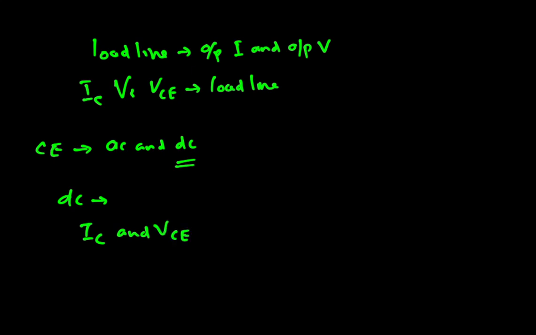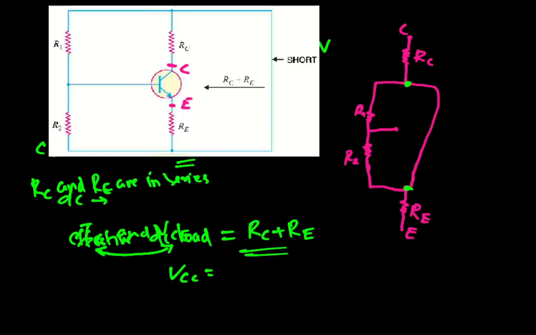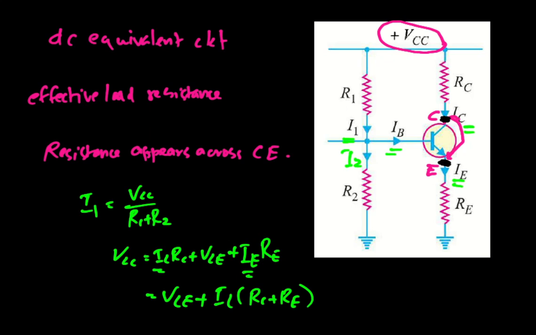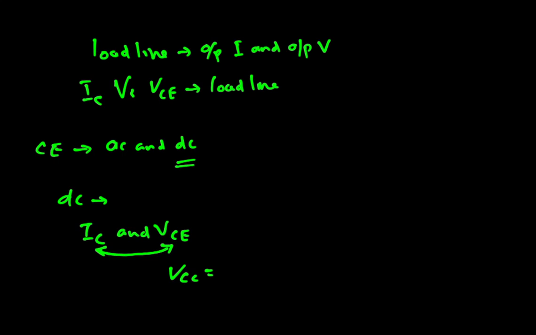the output DC voltage as VCE. So the graphical representation or the relation between this VCE and IC can be drawn as a straight line, because according to the equation which we have just mentioned earlier, VCC equals VCE plus IC into RC plus RE.